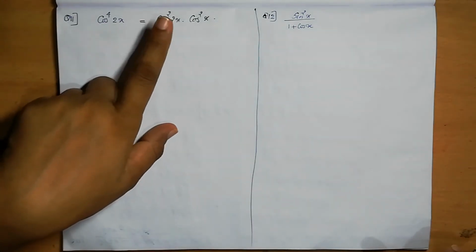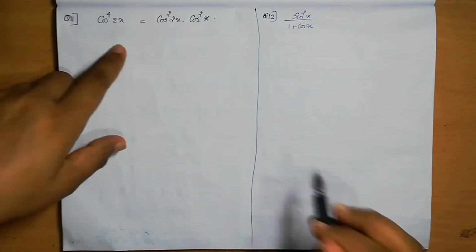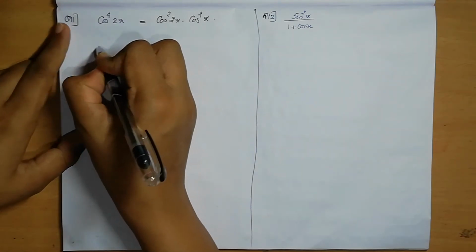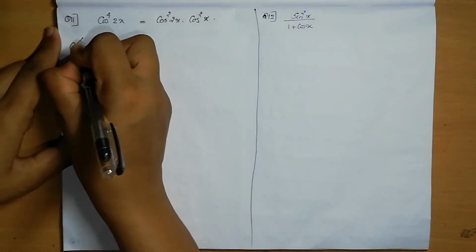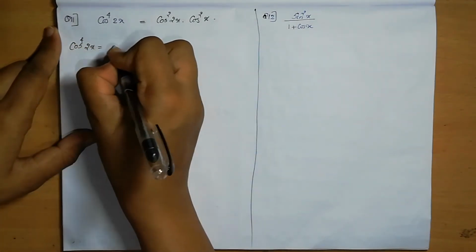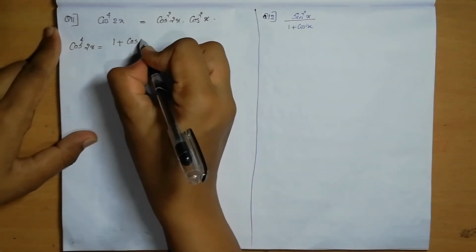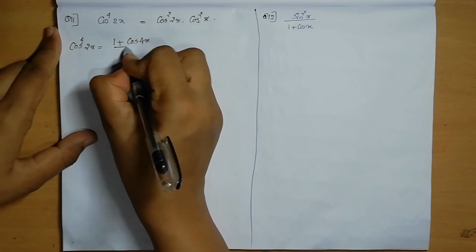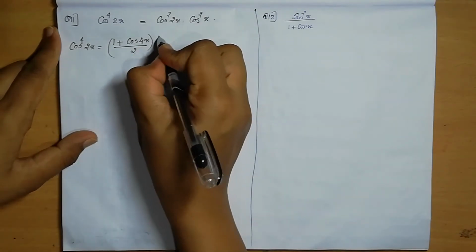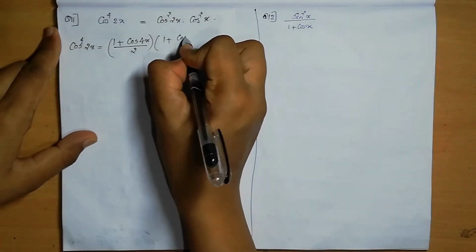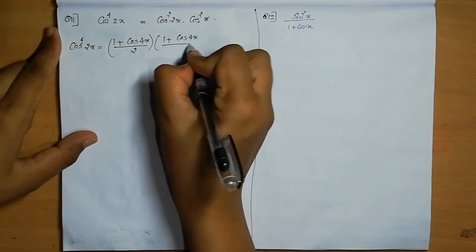Cos square theta is 1 plus cos 2 theta by 2. That means here we can write cos power 4 2x equal to 1 plus cos 2 theta, that means 2 into 2x is 4x, by 2 into 1 plus cos 4x by 2.